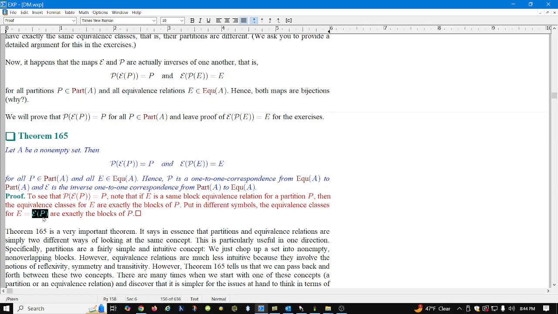Let E be script E of P. The blocks of the corresponding partition of E are the blocks of P. So script P of this, those are the blocks of the partition, are the blocks of P. May have to think about this for a little while. This is devilishly abstract. Okay.